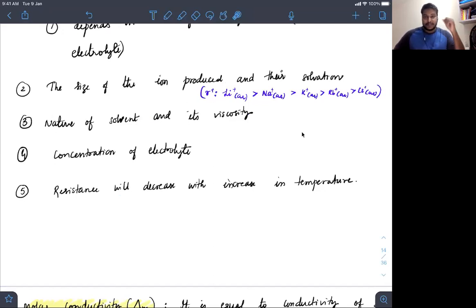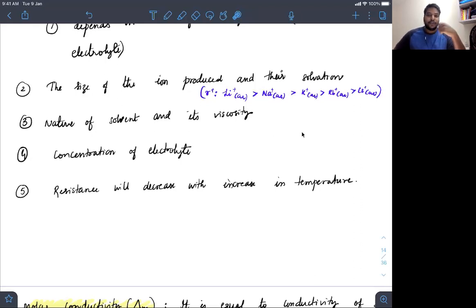In metallic conductance, what happened? Resistance increased on increasing temperature, while here resistance will decrease on increasing temperature. Two reasons. First, electrolytes will have more dissociation. Most of the time when you add salt to water, if it is getting hydrated, more amount of ions are released into it.